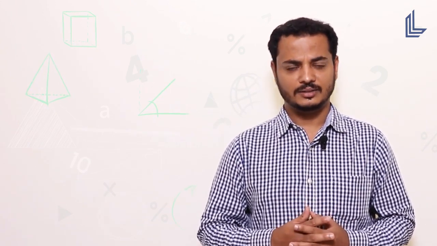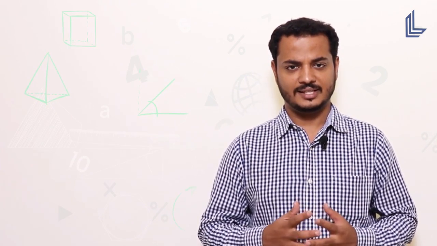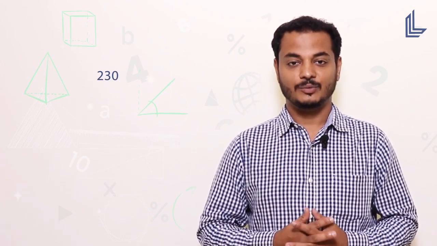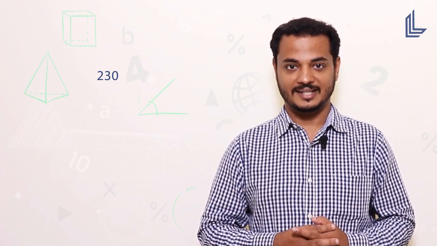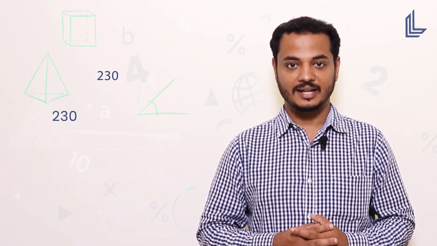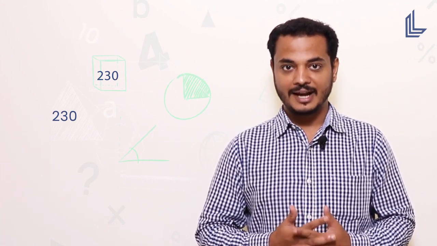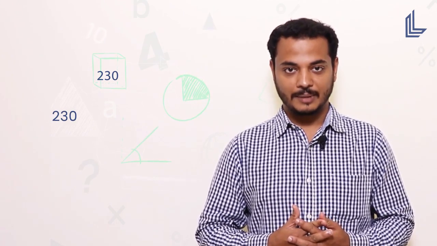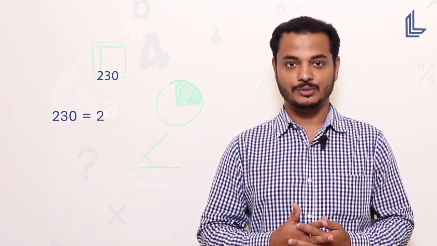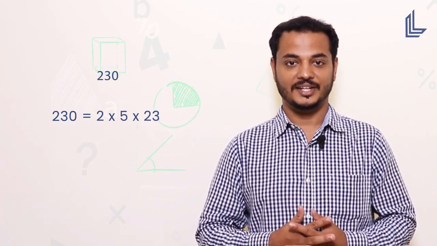Consider any number greater than 1. Let's say 230. Now we have learned in our previous grades that 230 can be written as product of its prime factors. So if you prime factorize 230, what are the prime factors that you are going to get? You can write 230 as 2 into 5 into 23.